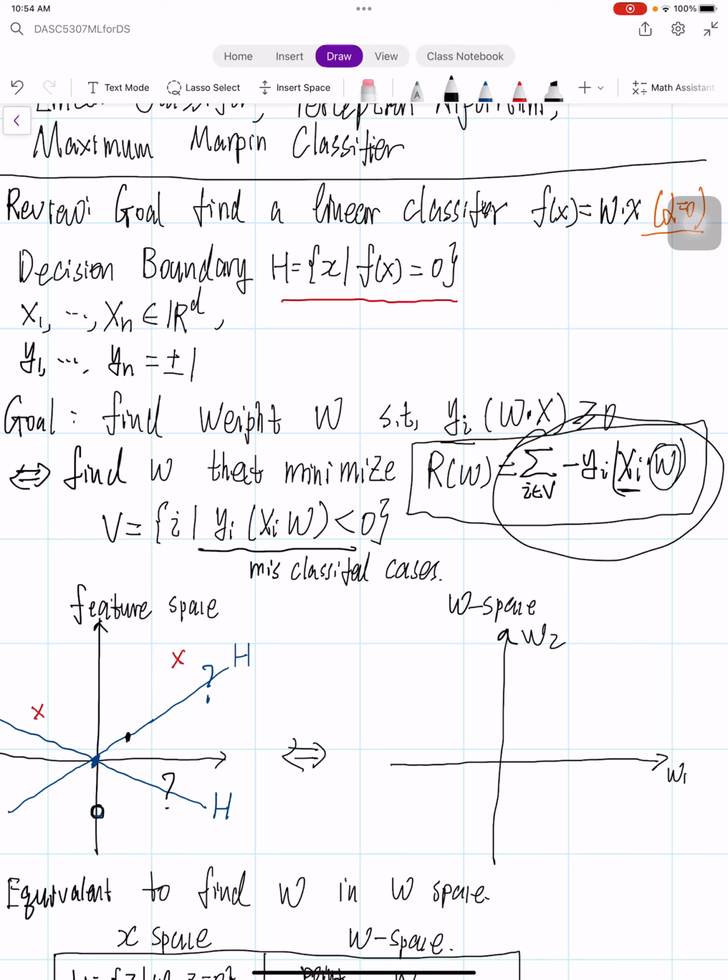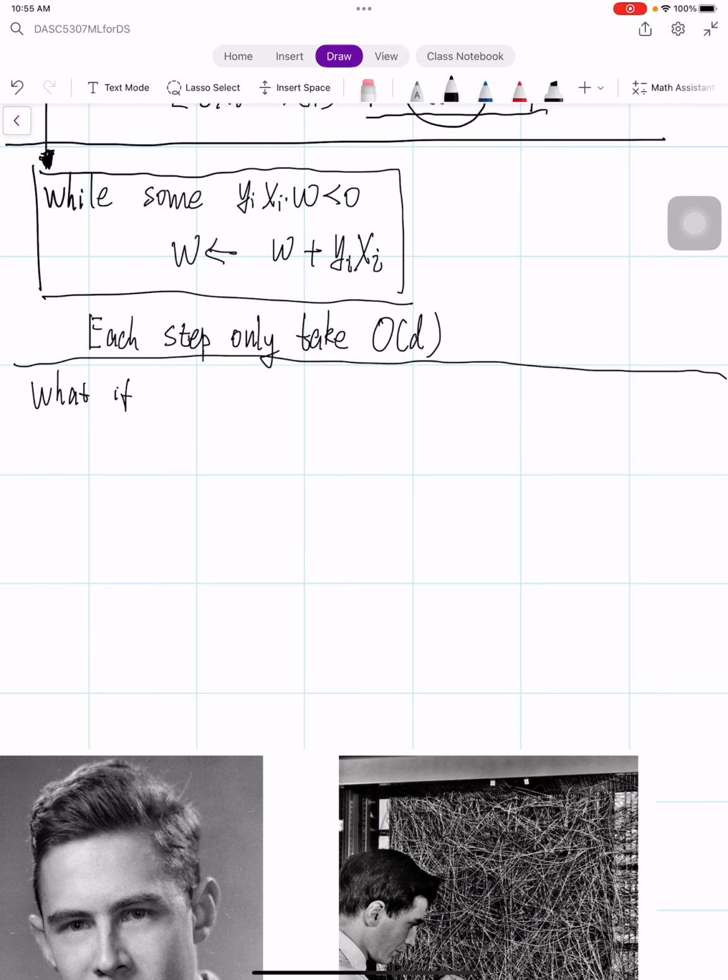So I will talk a little bit here. What if our decision boundary does not pass through the origin?